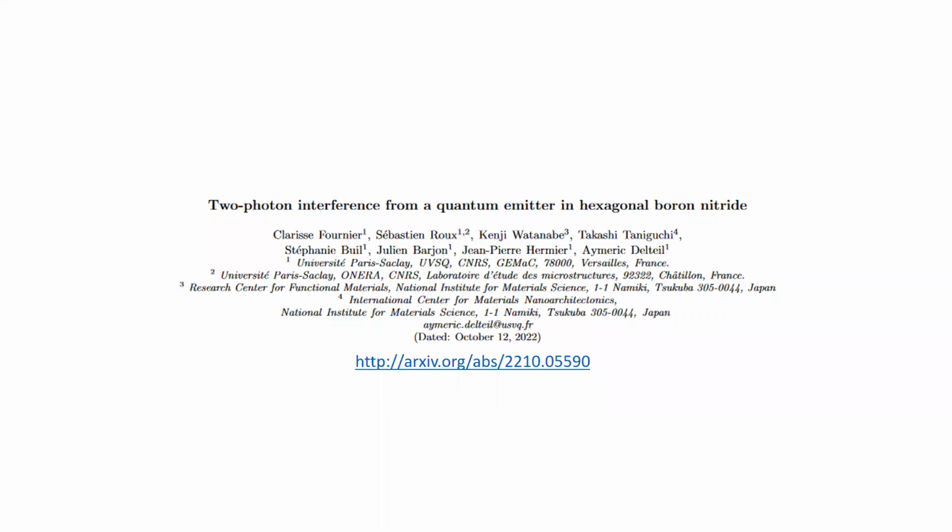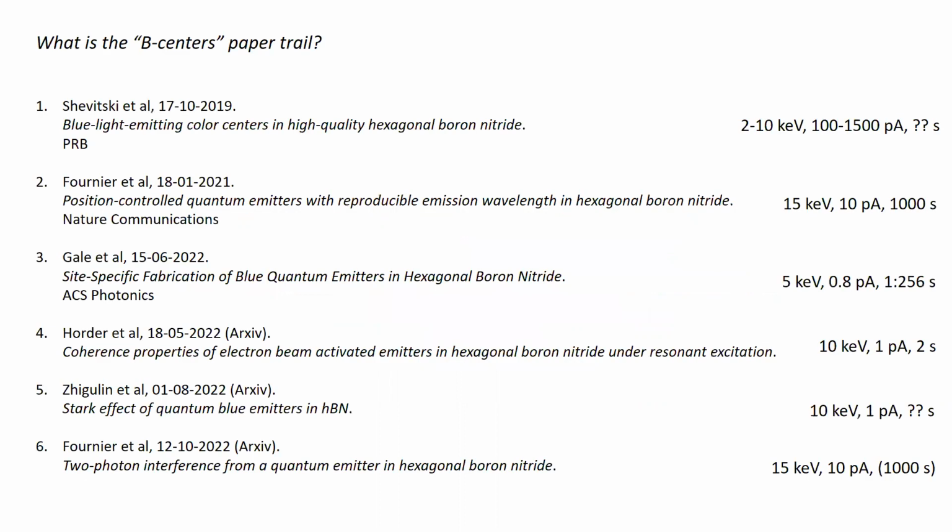To begin with, we can consider the brief set of papers that have come out on this platform in hBN. A lot of other solid state platforms have already achieved two-photon interference, and in hBN this has been the first one. There have only been about half a dozen papers over the last couple of years.